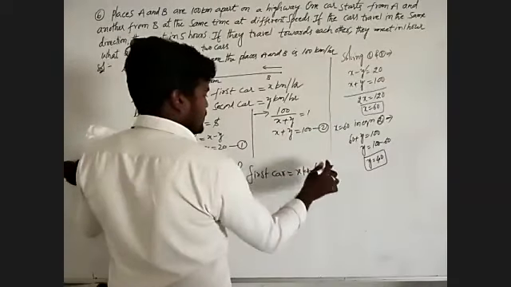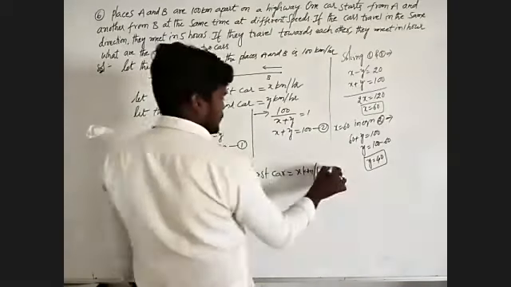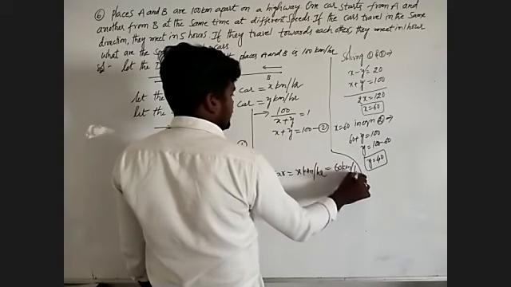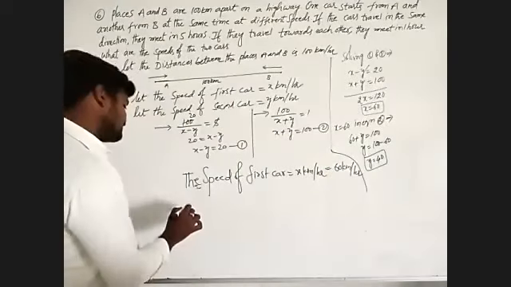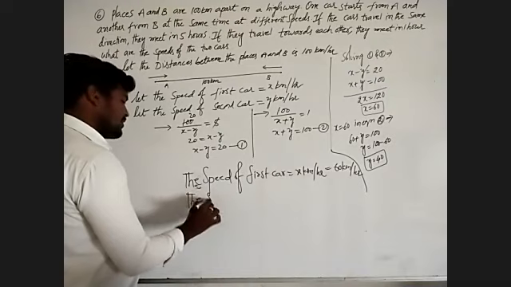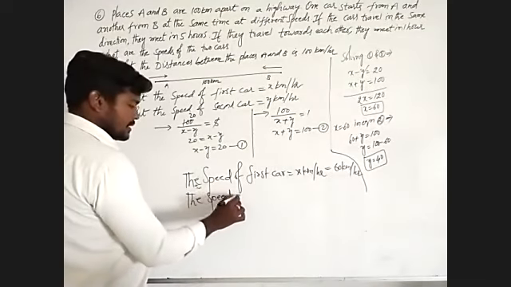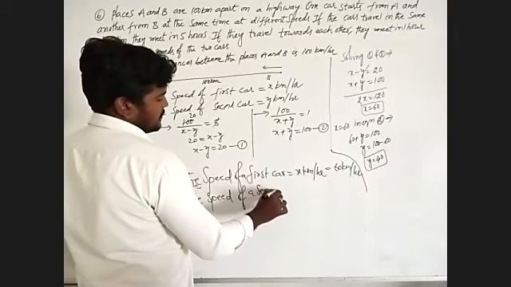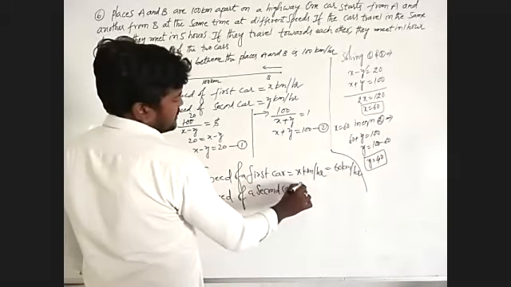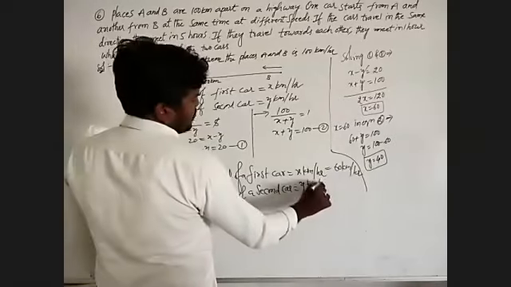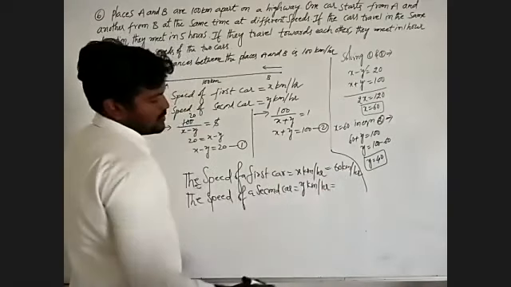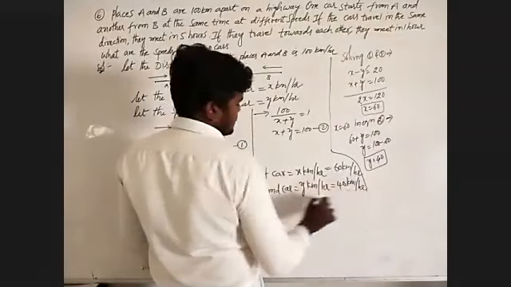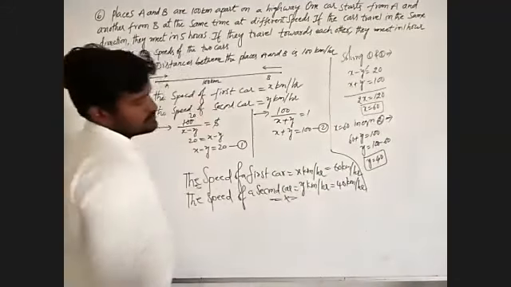Where x is 60, we have to write 60 kilometer per hour. After that, the speed of the second car is y kilometer per hour. Y is 40, means 40 kilometer per hour. This is asked in this given problem.